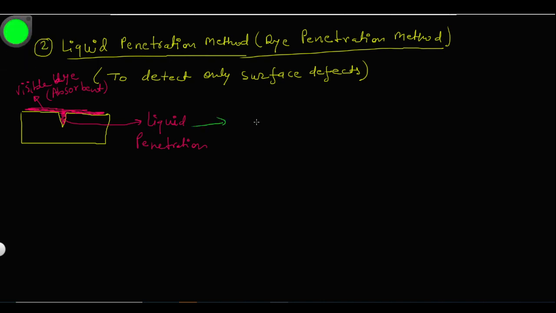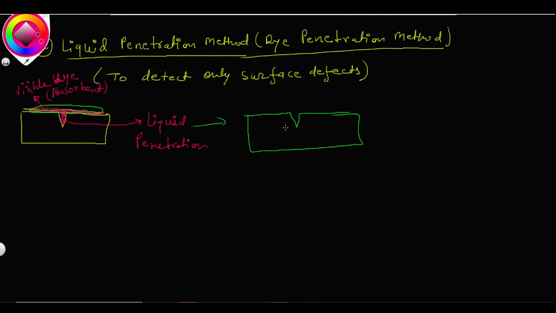after that we remove this layer of dye, and still in this gap the red dye is present, but on the surface we removed it, wiped it with a cloth or something else.